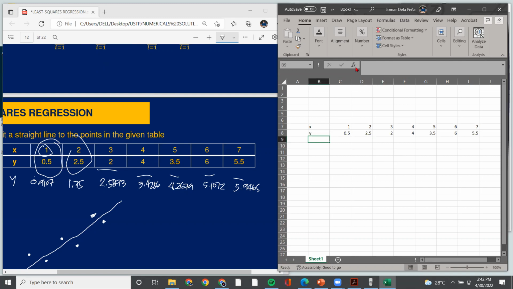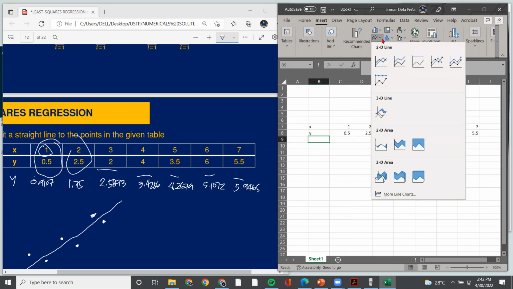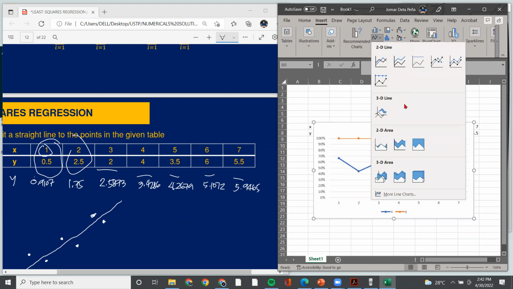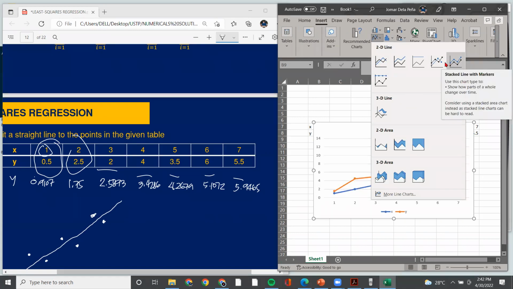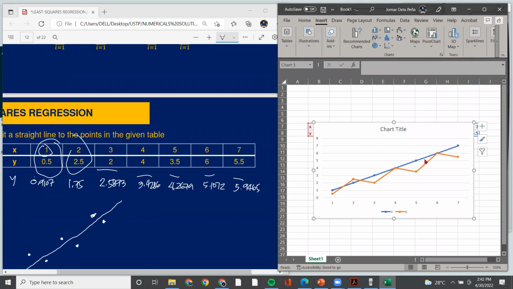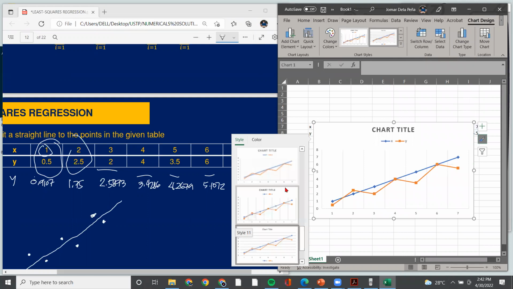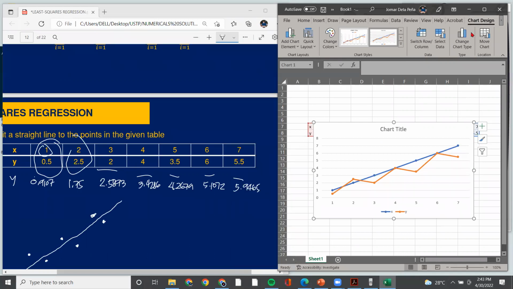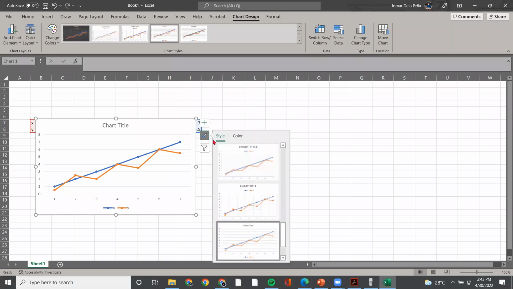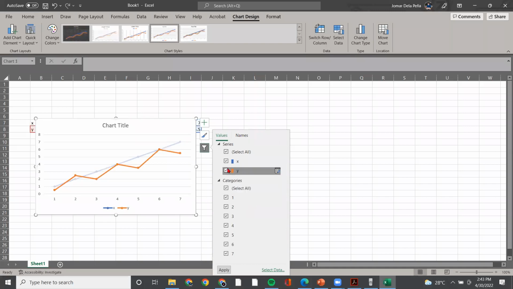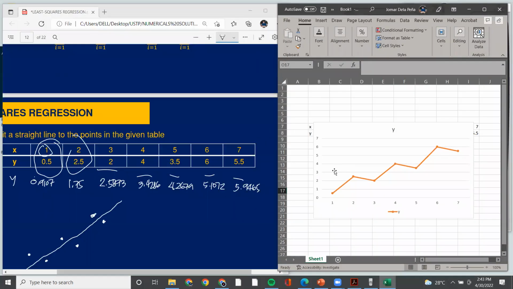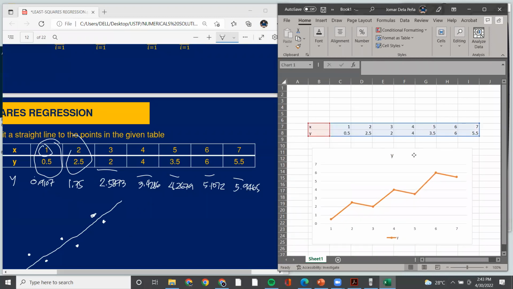This is the first plot, the graph without the correction. Now we input the corrected y.